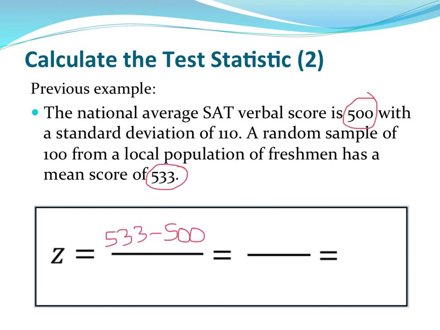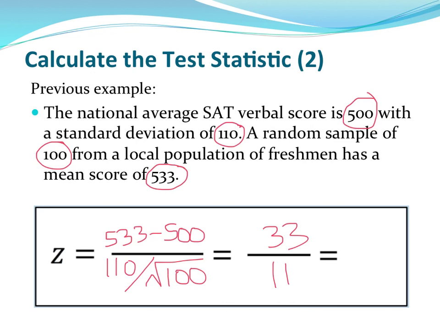The bottom of the equation would be the standard deviation of the population, in this case 110, divided by the square root of the sample size, which in this case would be 100. This would get us 33 over 11, which would get us a resulting z-statistic of 3.